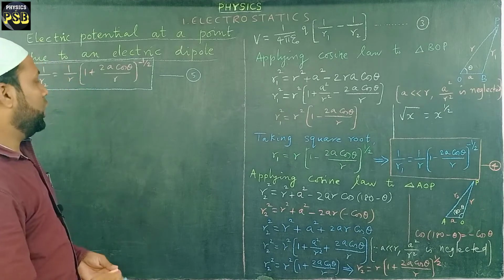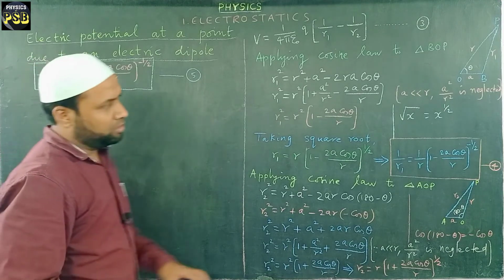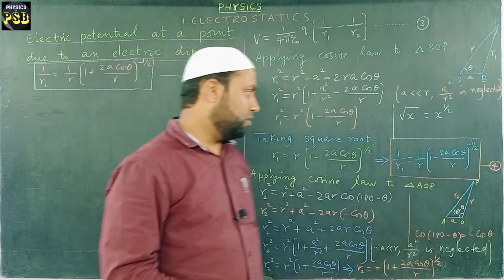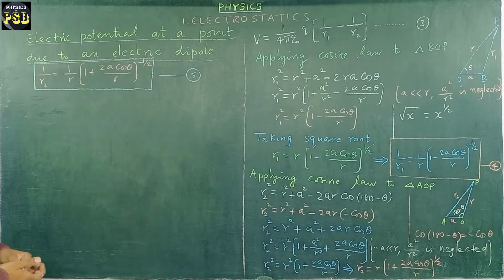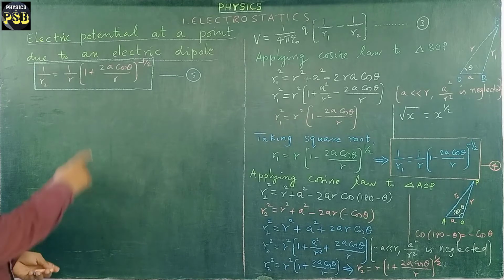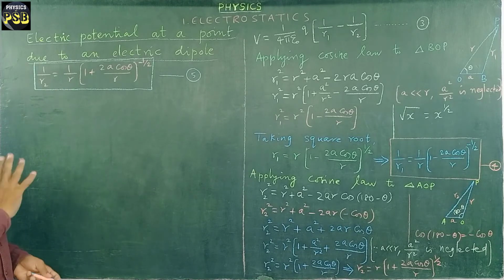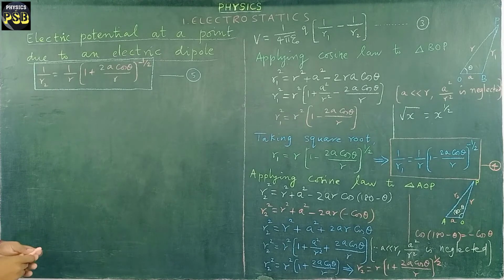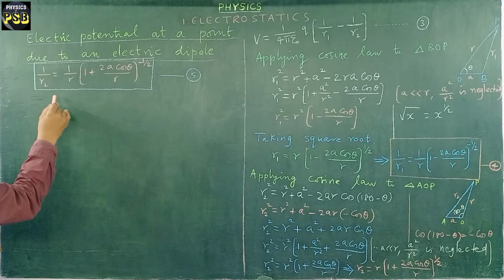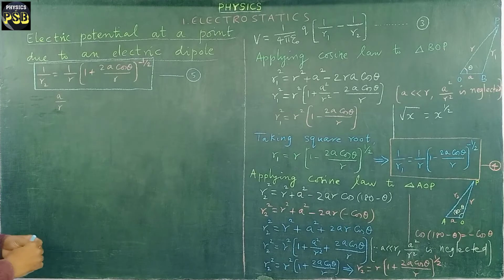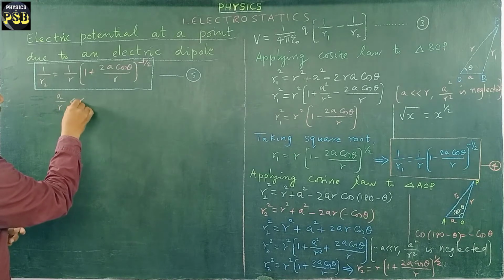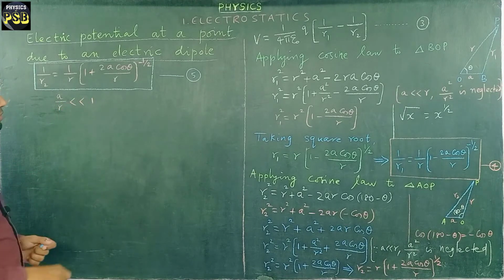Now, if you observe equation number 4 and 5, you find an a upon r value here. A upon r value is very small compared to 1.